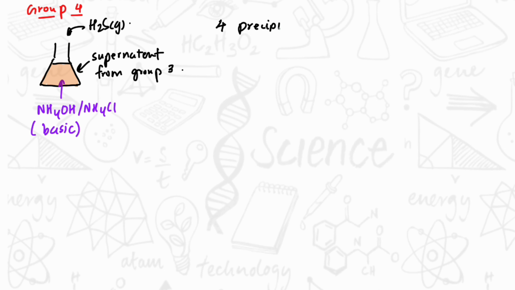The group 4 cations. For this, we take the supernatant from group 3, as we added ammonium chloride and ammonium hydroxide. This solution is basic. Therefore, we bubble H2S gas here, and then we get 4 precipitates.